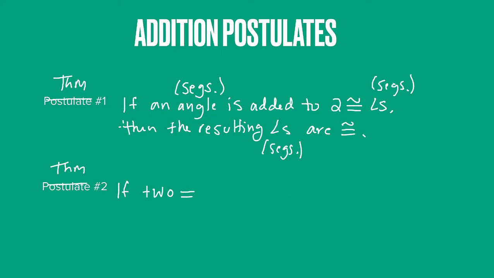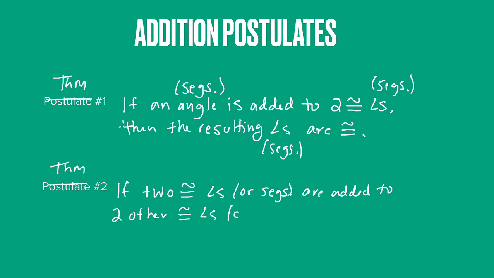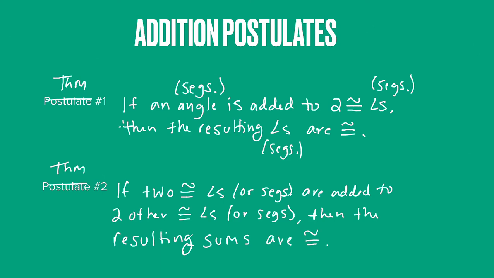if two congruent angles or segments are added to two other congruent angles or segments, then the resulting sums, so a sum is what we get when we add two things together, which would be angles or segments, are congruent.